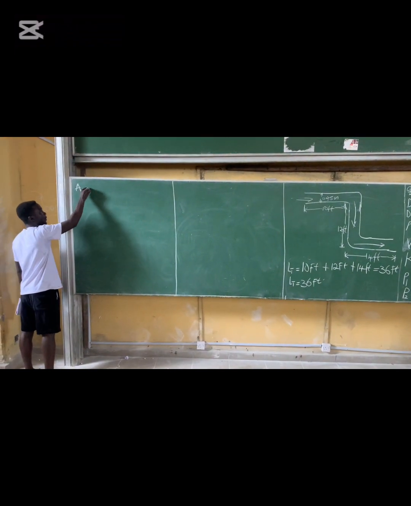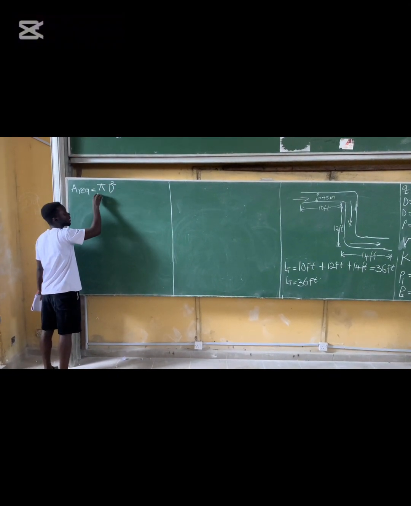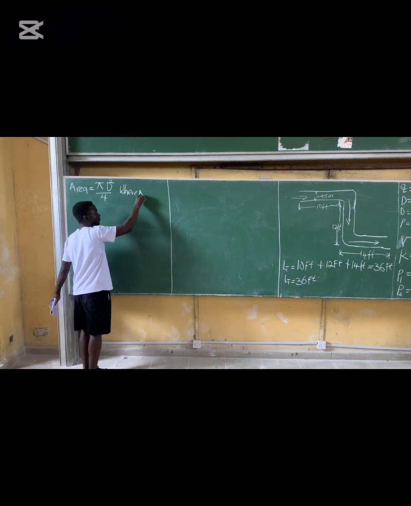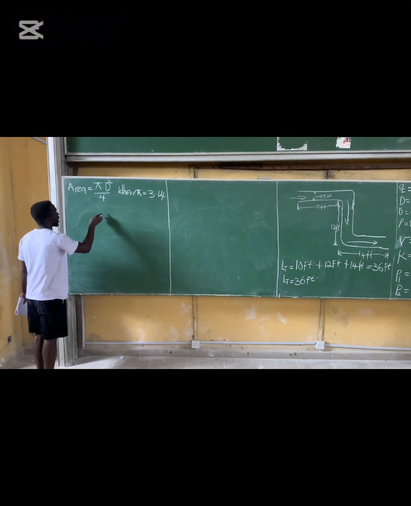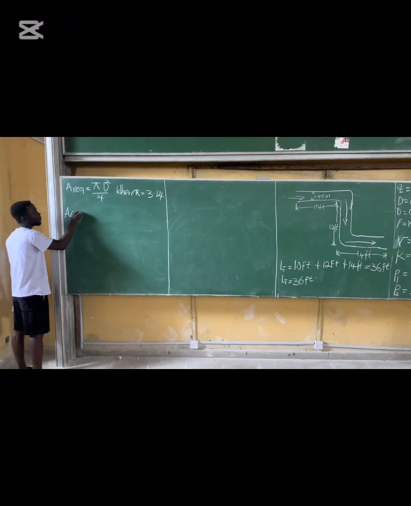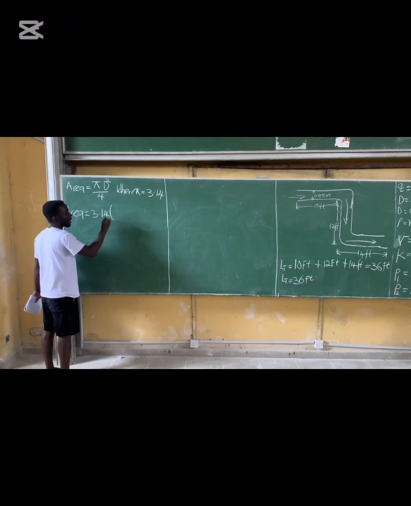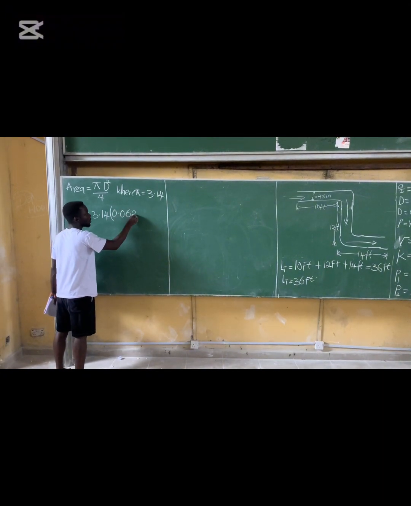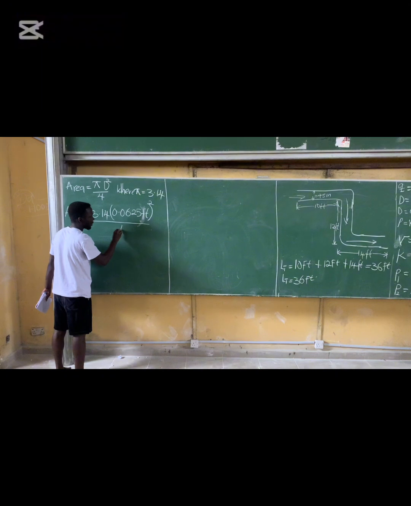Our area of the pipe will be equal to pi d squared divided by 4, where pi is equal to 3.14. Let's substitute values. Our area will be equal to 3.14 all in bracket, our diameter is 0.0625 in bracket, in feet, all squared, divided by 4.